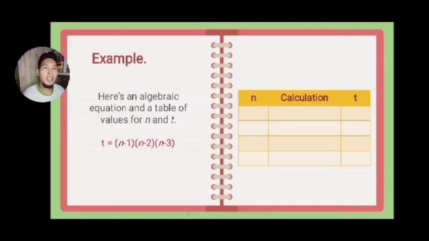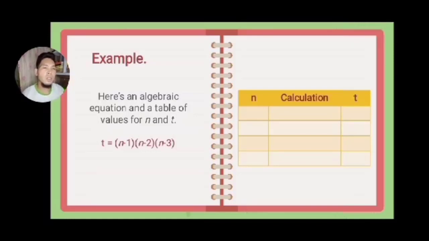here's an algebraic equation and a table of values for n and t. For example, t is equal to (n minus 1) times (n minus 2) times (n minus 3). We will put in the table the n, which is the input, the calculation, and the t, which is the output.